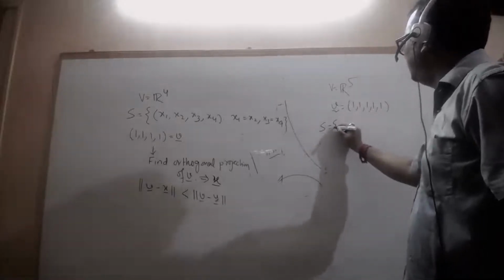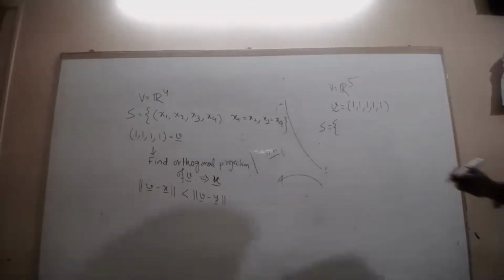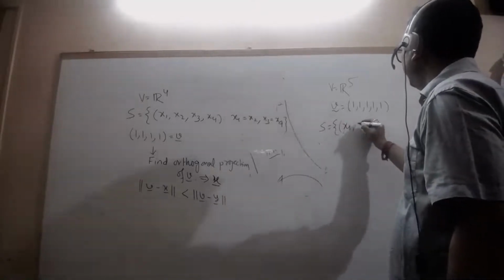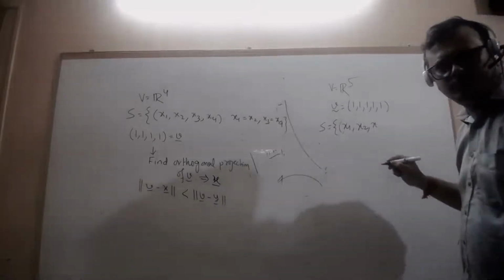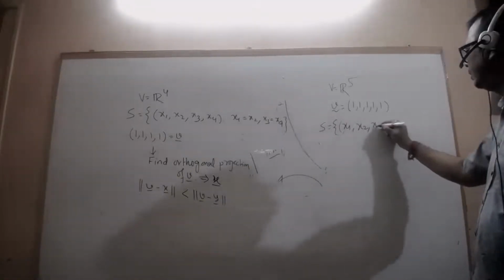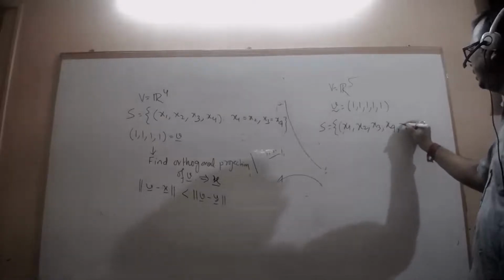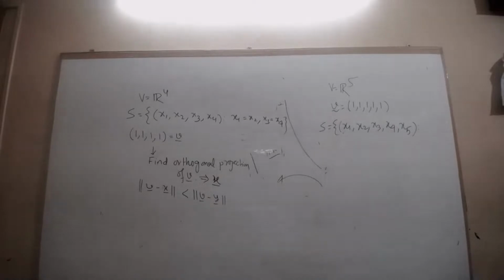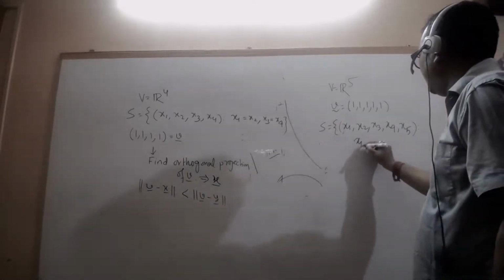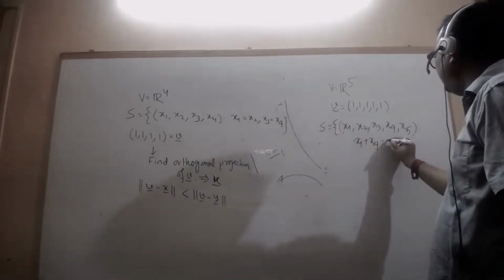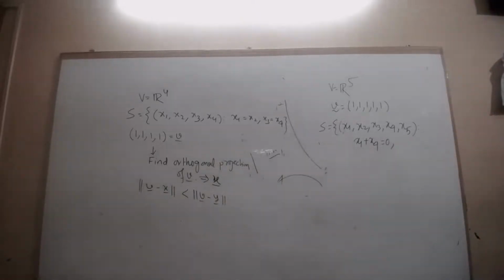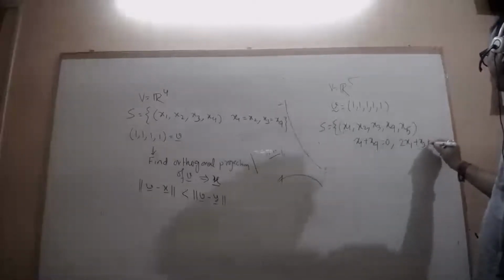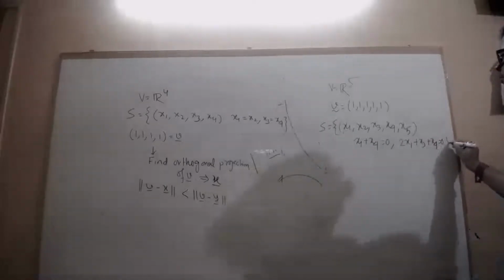S is equal to x1, x2, x3, x4, x5, where x1 plus x4 equal to 0, 2x1, x3 plus x4 equal to 0.